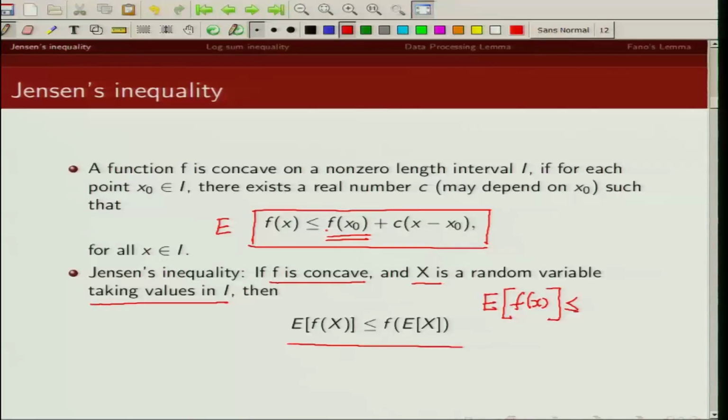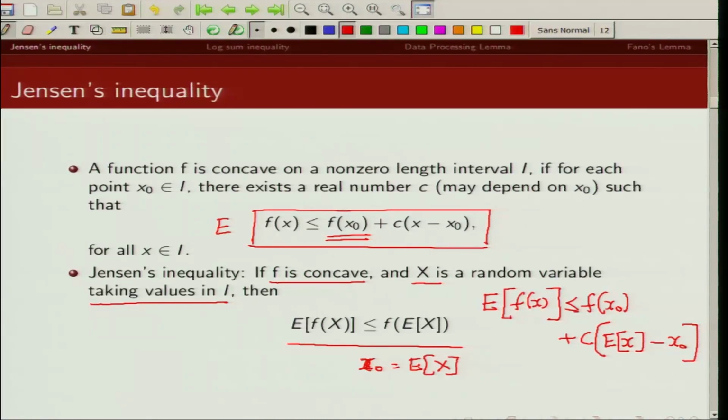So the expected value of f of x naught will be f of x naught plus c times the expected value of x minus x naught. Now if I choose my point x naught such that x naught is the expected value of x, which is possible because x naught belongs to the interval over which this function is concave, I can choose my x naught such that x naught is the expected value of x.